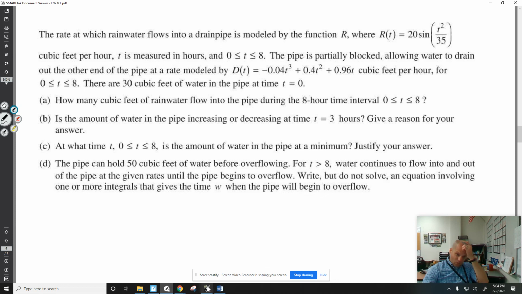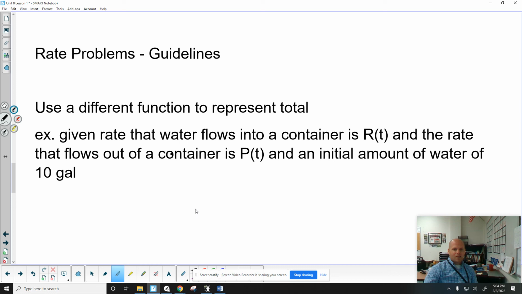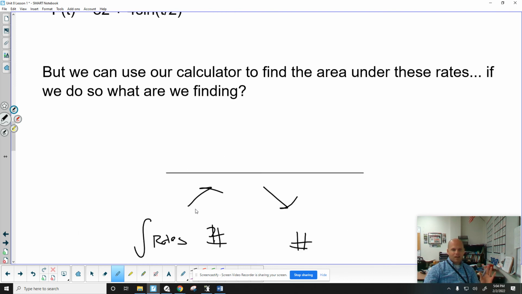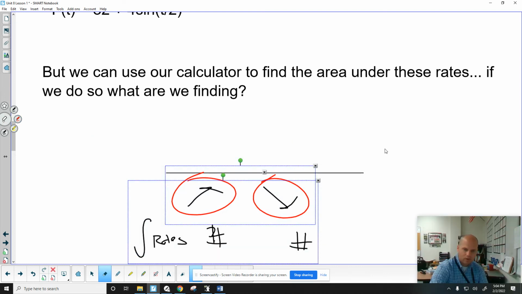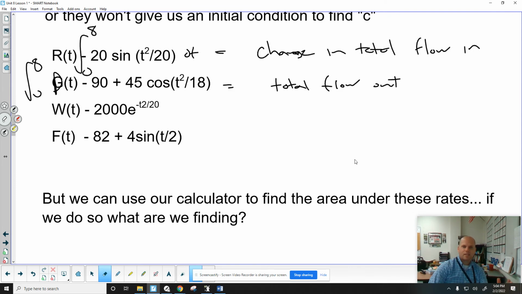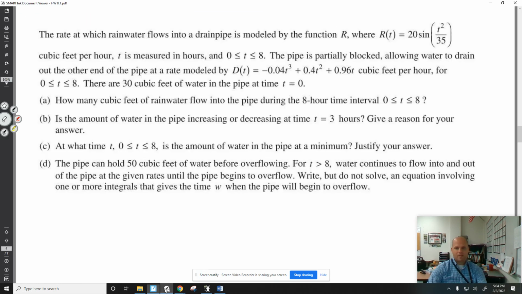Okay. What that means is, if we're thinking about the total water in, how much has gone in has got to incorporate two of my velocities. And it gets a little bit more confusing with this, but let's think about it. Okay, then let's think about the question.